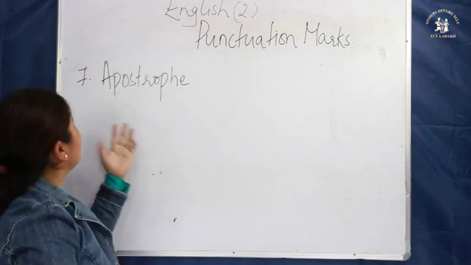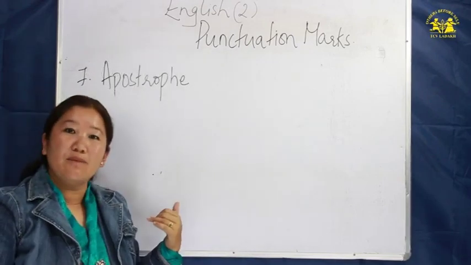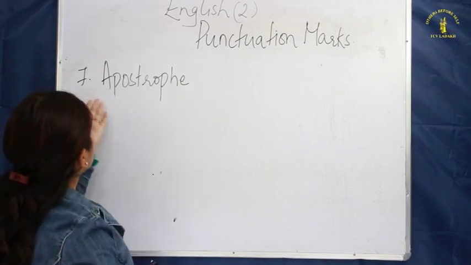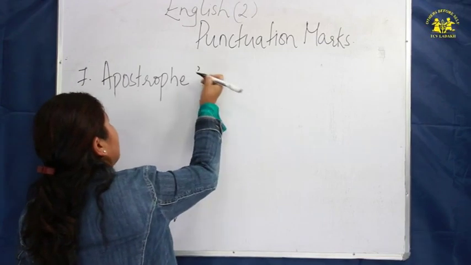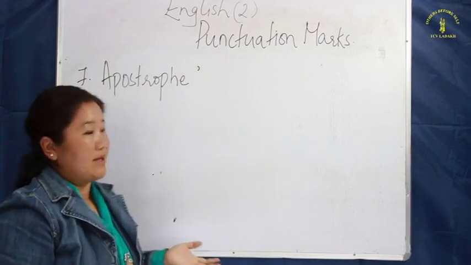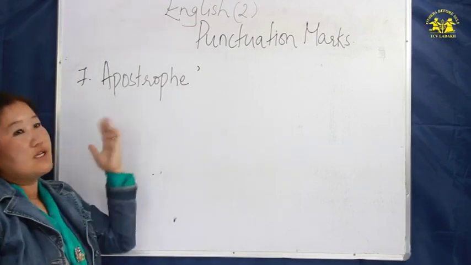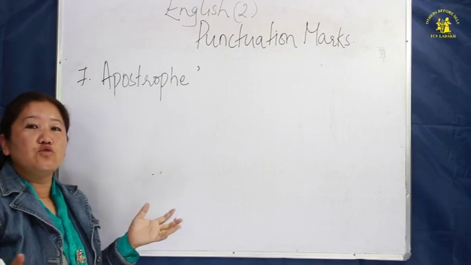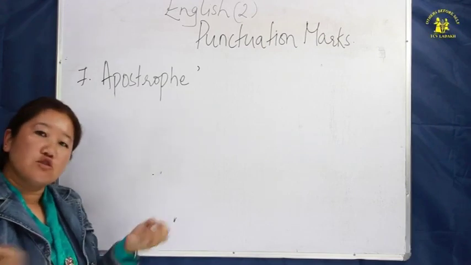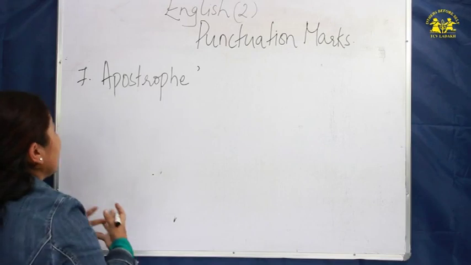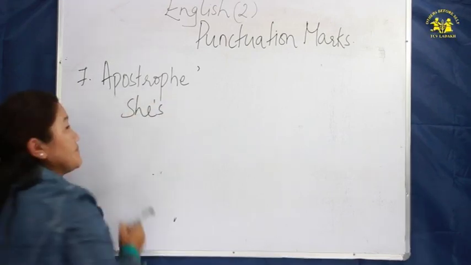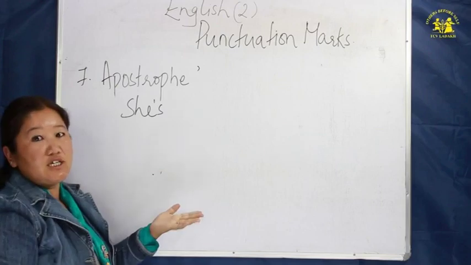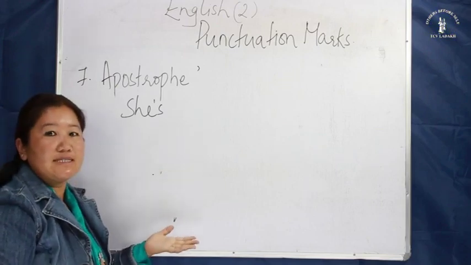The last punctuation mark for today's class is the apostrophe. As you know, this is the apostrophe. This particular punctuation mark is used mostly when you contract a word. For example, she's means she is or she has, depending upon the sentence.